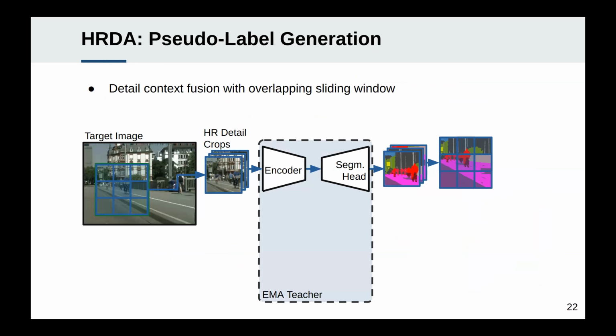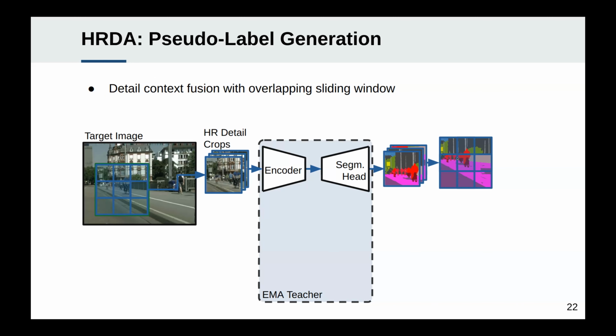During inference, we have to somehow combine the high resolution detail crops. This is not a problem with GPU memory, because during inference, you don't need to store the whole compute graph. So you're usually on the fine side. You can do, for example, overlapping sliding window approaches to come up with a full prediction when reassembling these different crops.